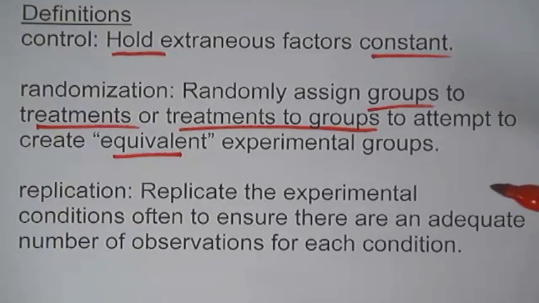If you effectively randomize, hopefully that'll minimize the effect of those weird things that can pop up in an experiment. Replication is when you replicate the experimental conditions often to ensure there are an adequate number of observations for each condition. And we'll talk more about that in a minute.